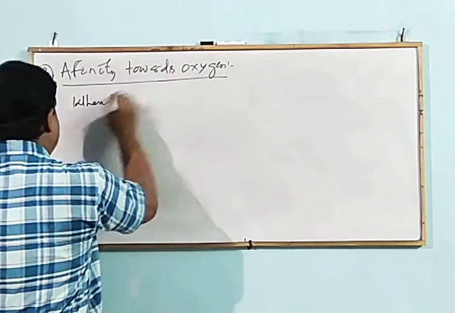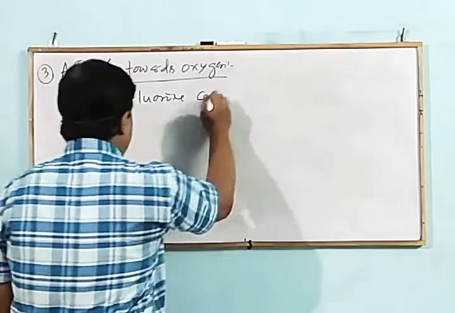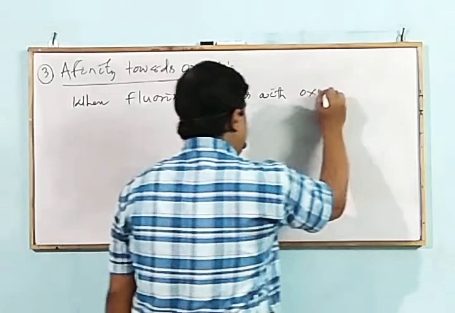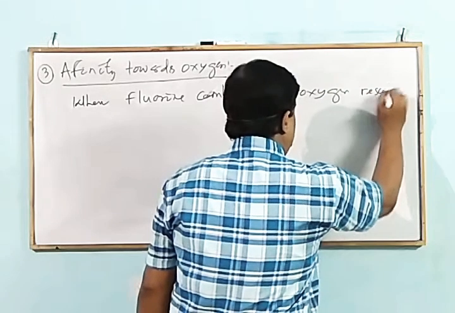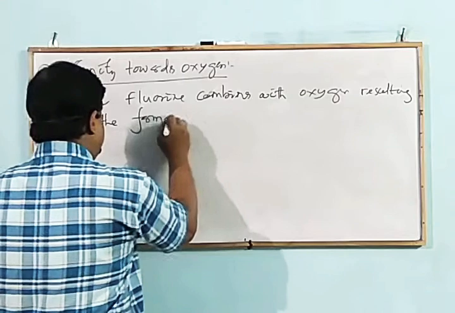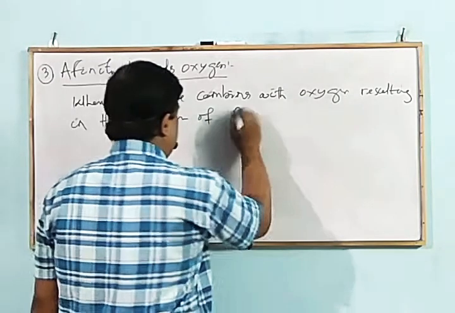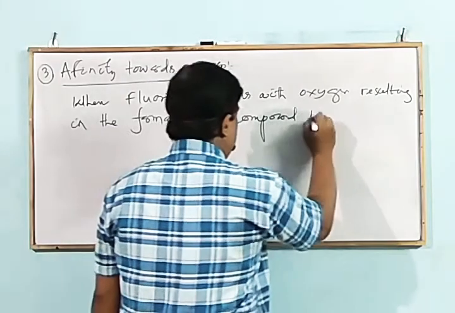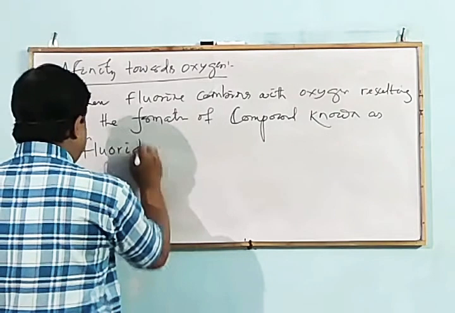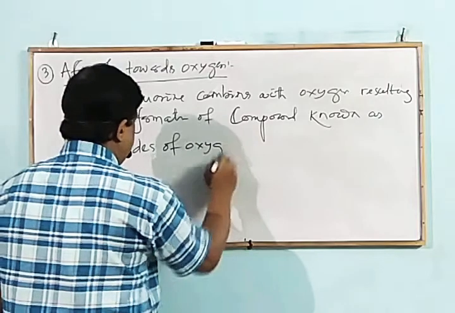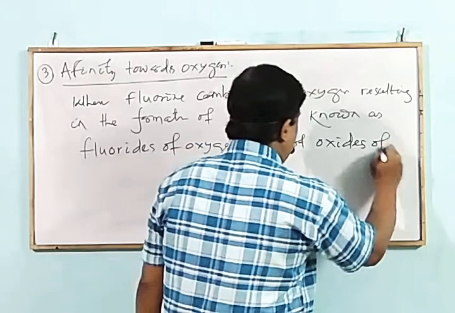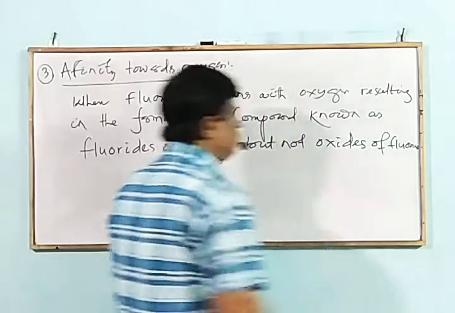When fluorine combines with oxygen, resulting in the formation of compounds known as fluorides of oxygen, but not oxides of fluorine.